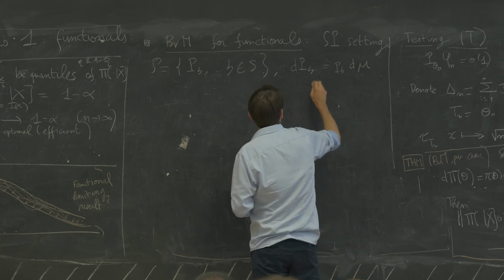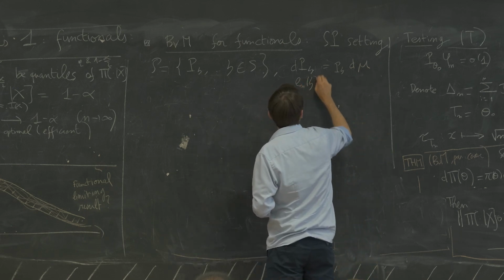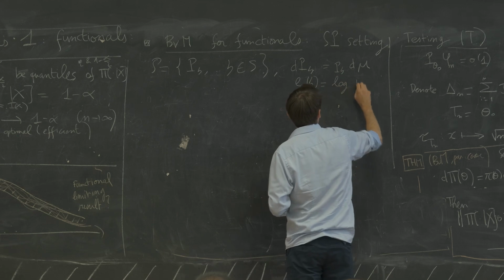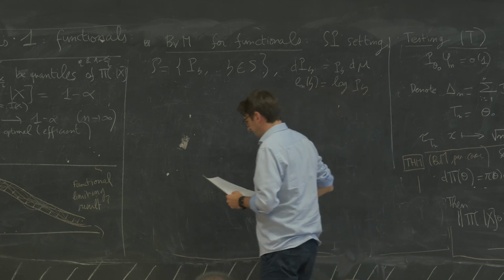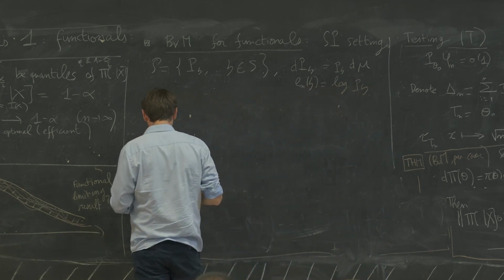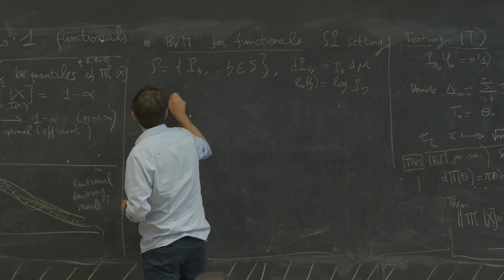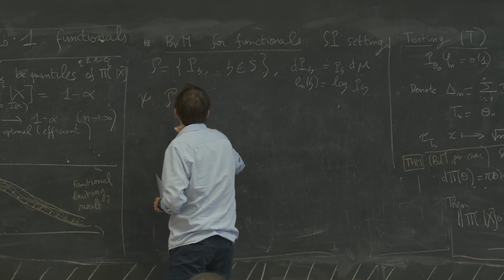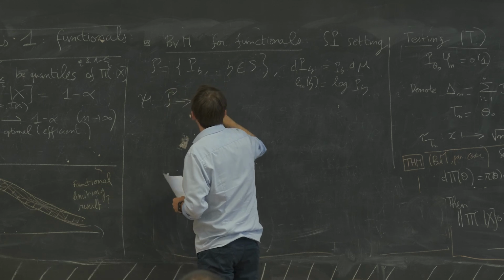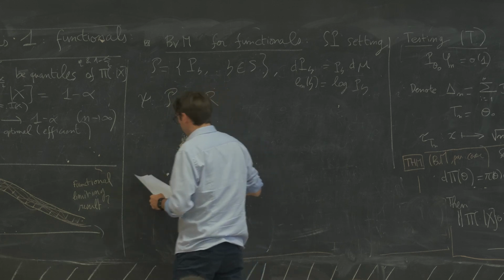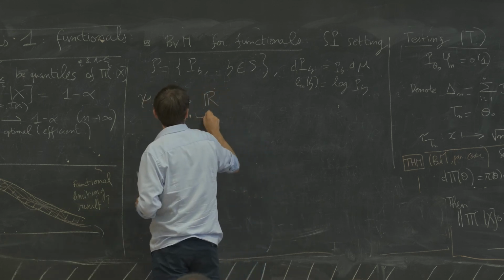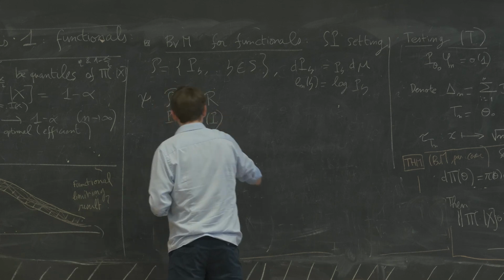Again, we're in the dominated framework, and I denote by ln the log likelihood. What we're interested in is a certain functional from the model into, say, R for now, a real valued functional, which is psi of p.